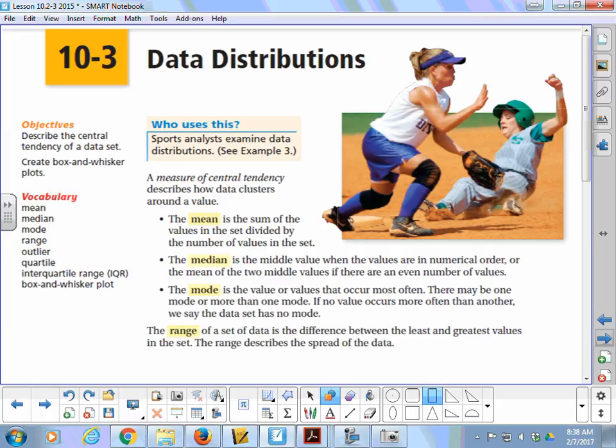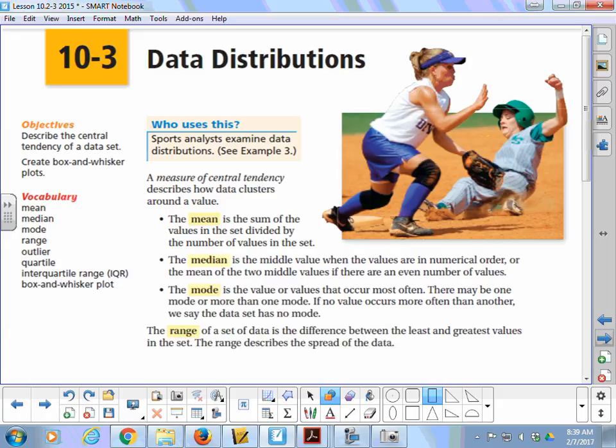So remember, the mean is the average of all the numbers. So we add them all up, divide by how many there are. Median is the middle number. Mode is the one that occurs the most often.